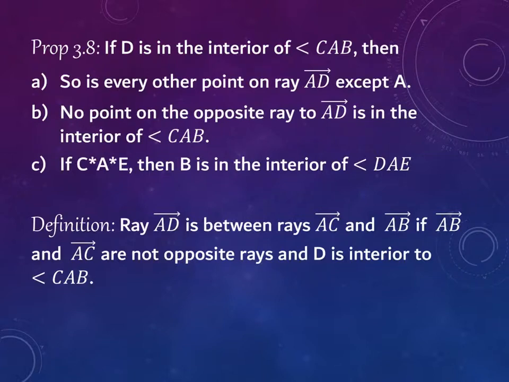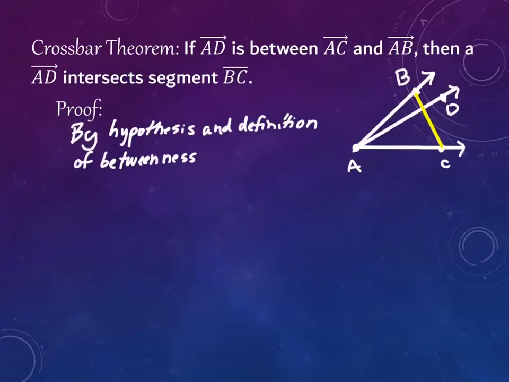That's important. If the point D were on the exterior, visually speaking, if D were out here, especially if it were over here, the ray could be parallel to that segment, and it certainly wouldn't be intersecting the segment itself.